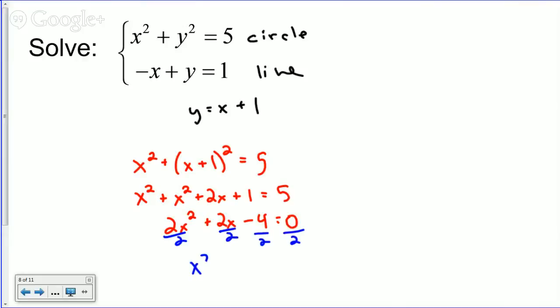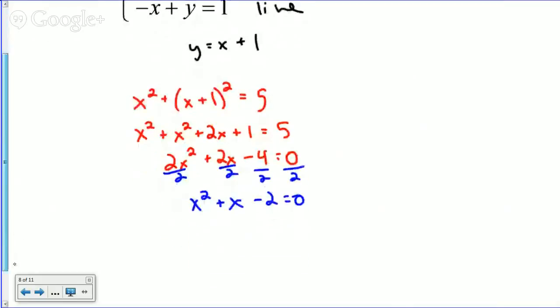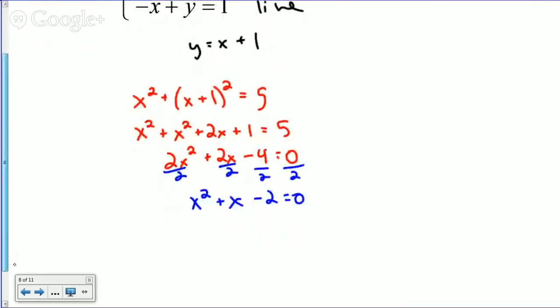So you get x squared plus x minus 2 equals 0. Then factor. So you have x, factors of 2 that subtract 1, 2 and 1. Signs are different. The bigger one is positive. So you have x is negative 2 and 1.